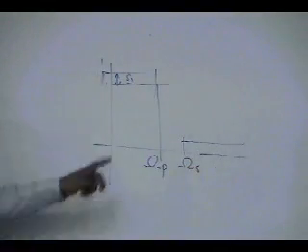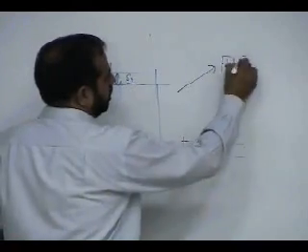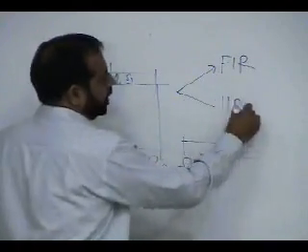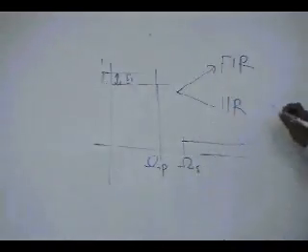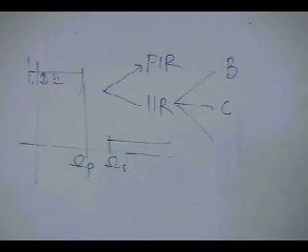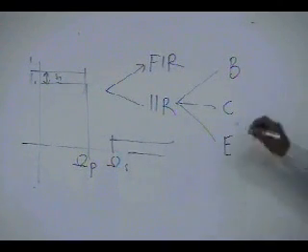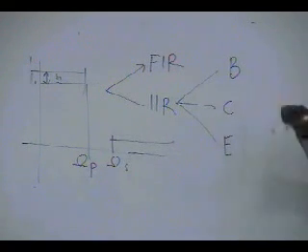Knowing this, you have two options: either you design an FIR or you design an IIR. For an IIR, there are again three methods: you either use the Butterworth, Chebyshev, or elliptic filter. But remember, it'll be using a bilinear transformation.